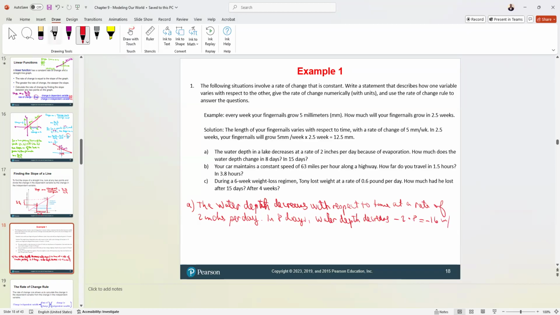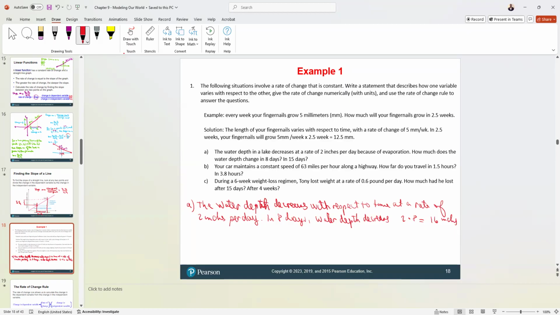Oh no, I don't need to put the negative because we already said decrease. So it's 16 inches in 8 days. If I do 15 days, then it's going to be 30. That's how you're going to do all the other ones.